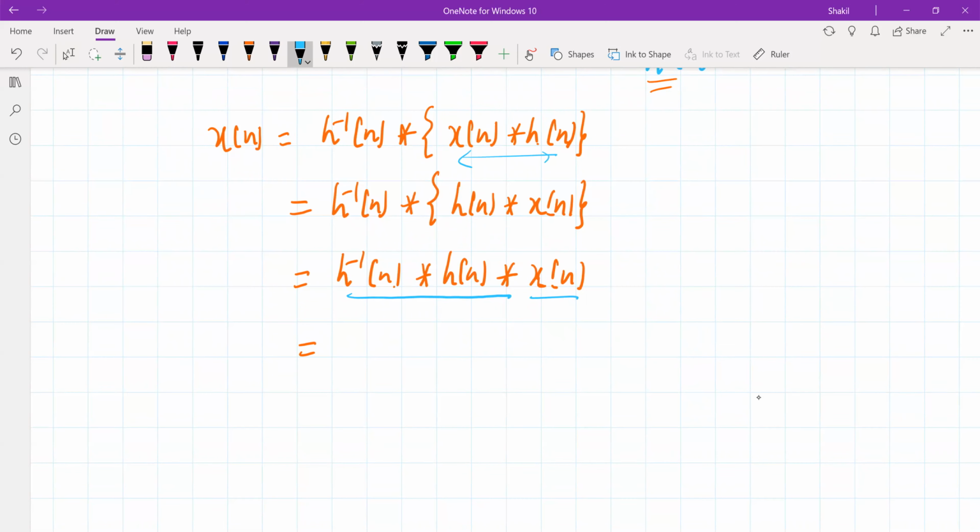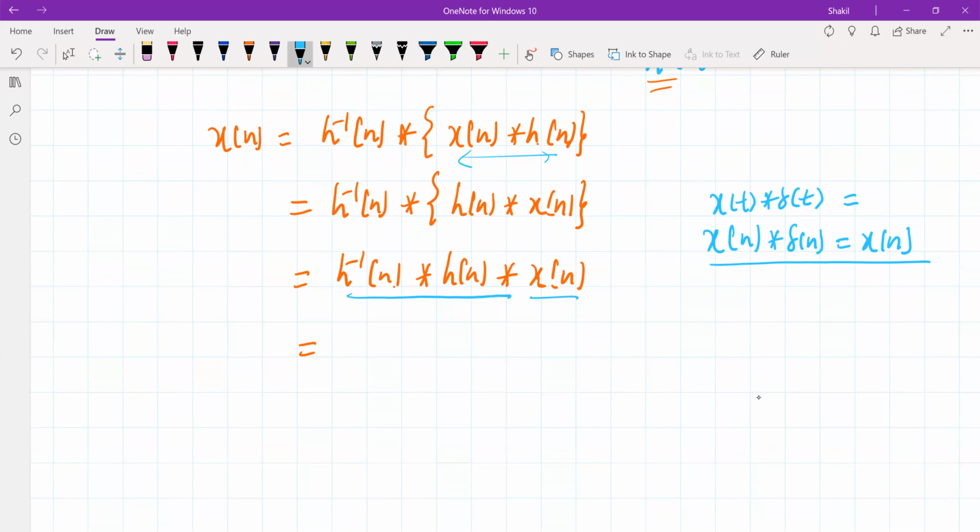From signal and system theory, the convolution of any sequence x of n with the delta sequence is x of n, whether in continuous time or discrete time.